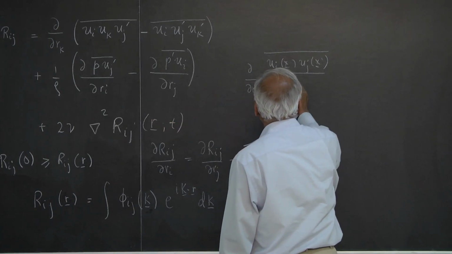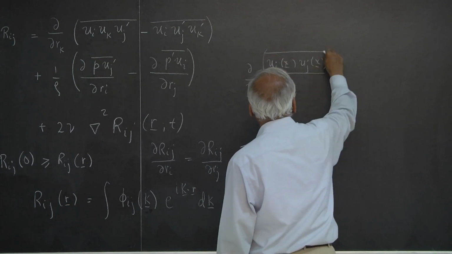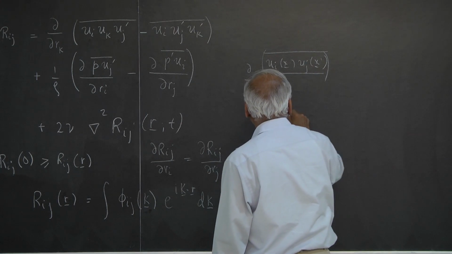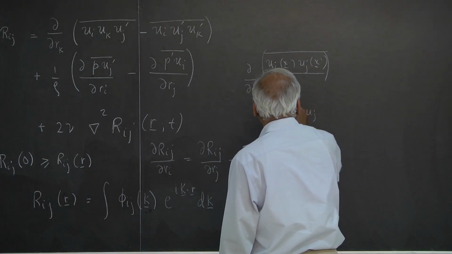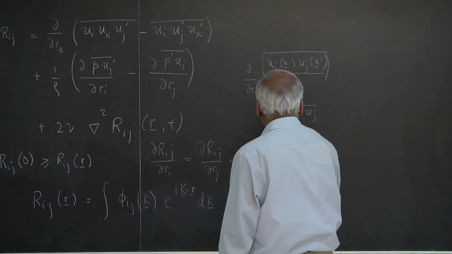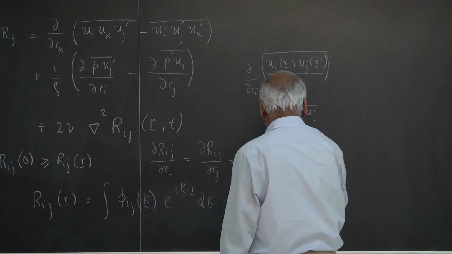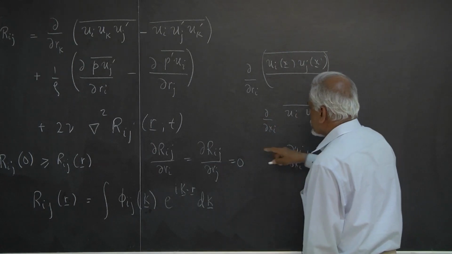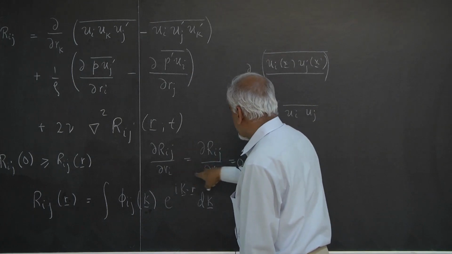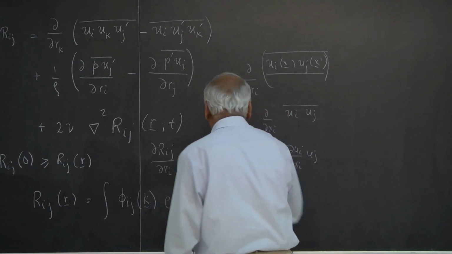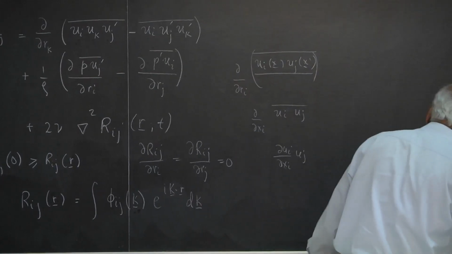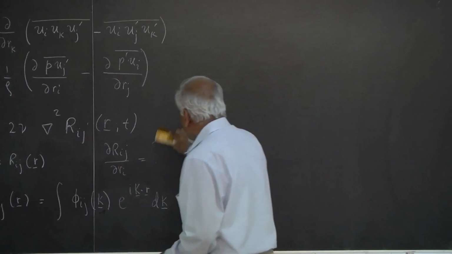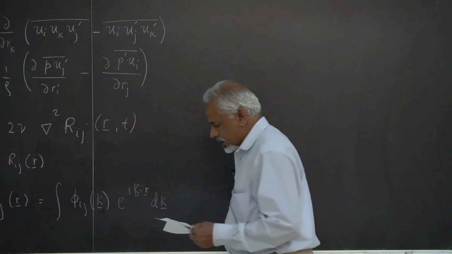So this quantity here is d by dxi of ui uj averaged, and taking the derivative inside, it becomes dui by dxi times uj, and this is always 0 by continuity. So any derivative of this with respect to one of these variables is 0. That is helpful for you to remember, but not important for our purposes. I just mentioned that.